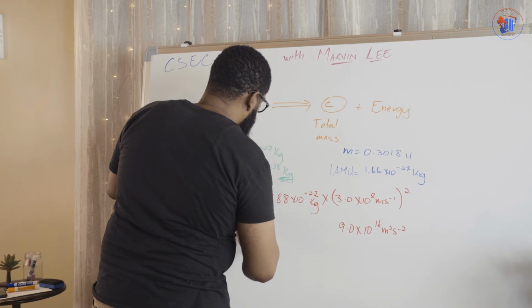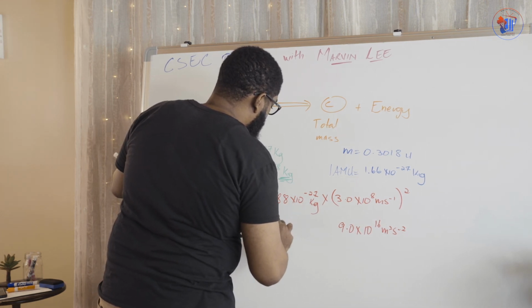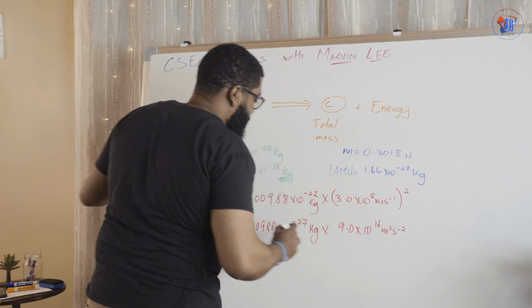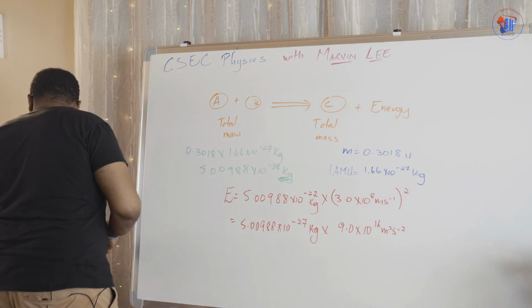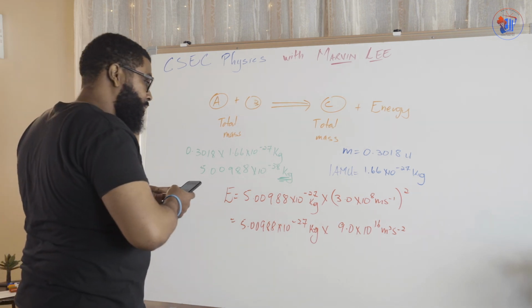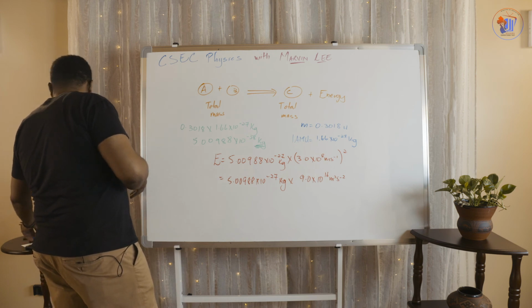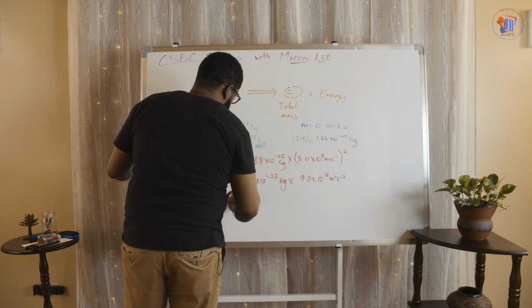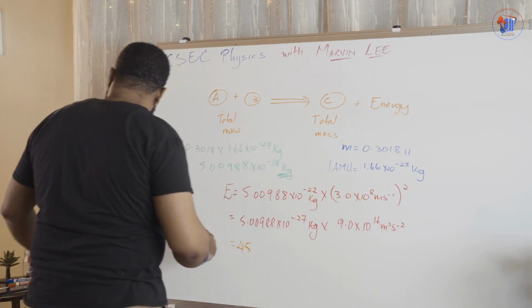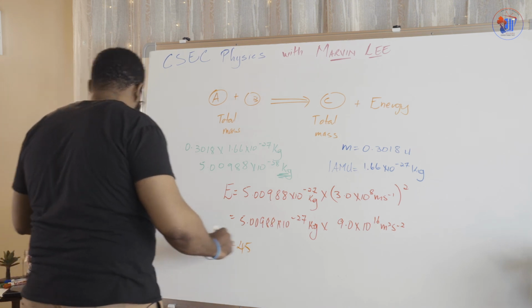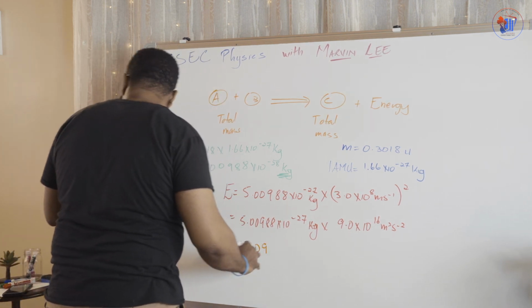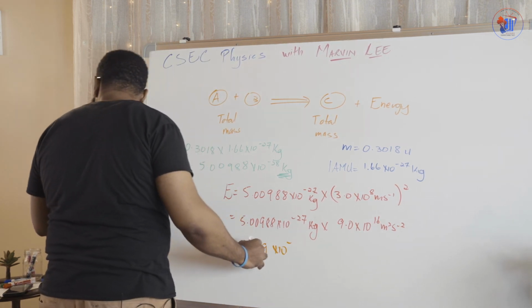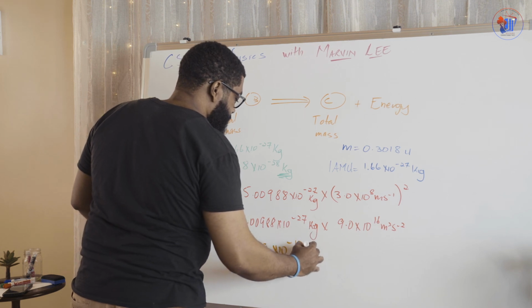Alright, this is going to be one large answer. I take that back about it being a large answer. I got 45.09 times 10 to the minus 12 joules.